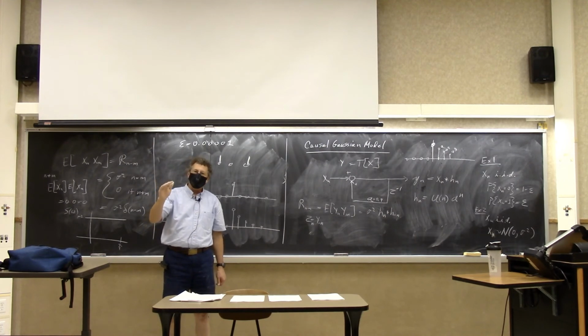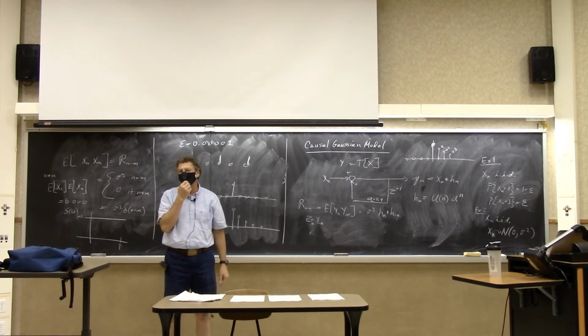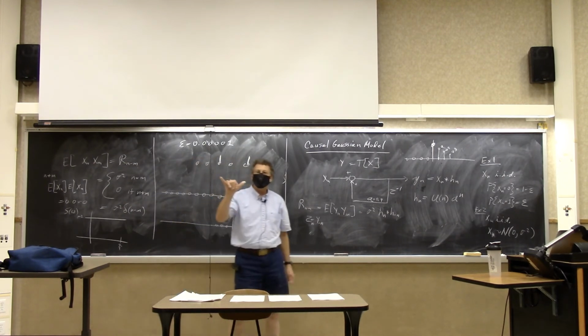If I know its autocorrelation, I can write the distribution down for any segment of the random process. If I can write the distribution down for any segment, then I know the distribution of the random process. So basically, if I take a Gaussian random process and I reverse it, its distribution remains the same.